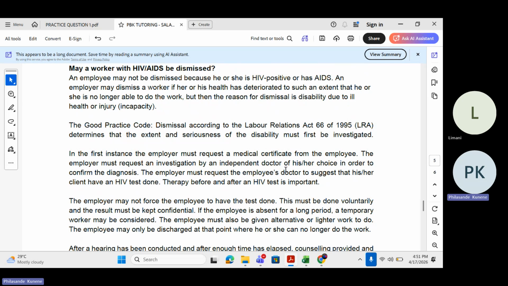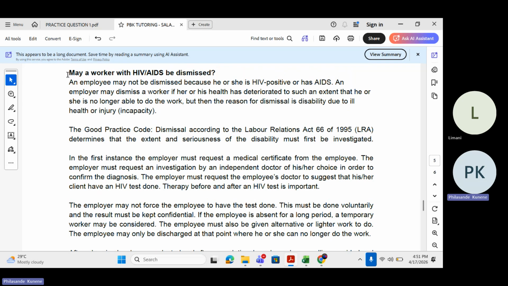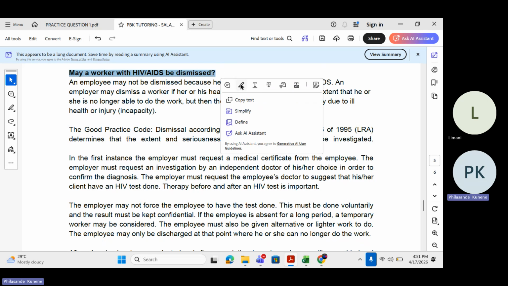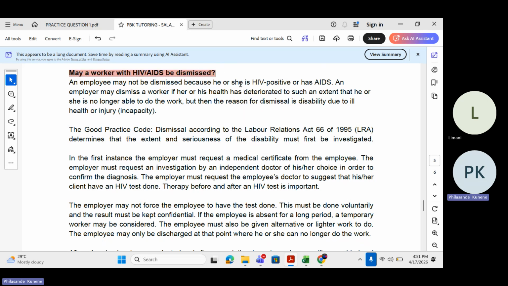So it is no longer a big issue in most companies, right? People do have a way of preventing it from happening. There are fewer people who are unable to work because of HIV and AIDS. Most people who are at work are able to do their work without having any issues, right?